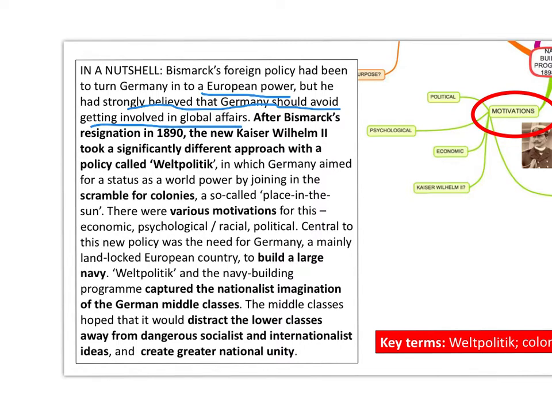But the problem is, after Bismarck resigned in 1890, you've got this new, very young, 29-year-old Kaiser Wilhelm II. And Kaiser Wilhelm II had a fundamentally different approach.